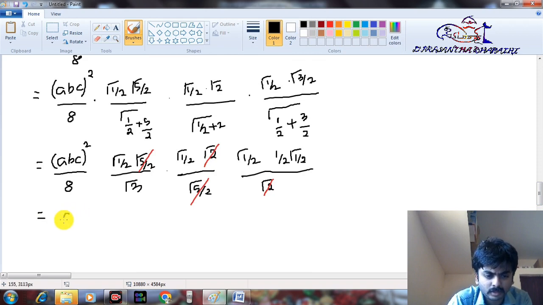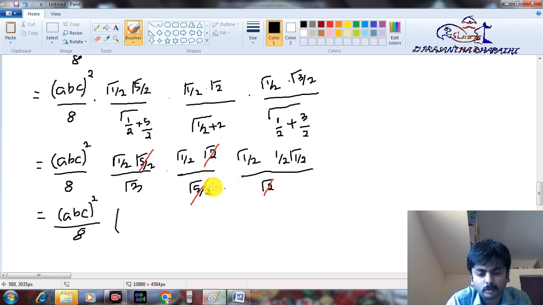(ABC)^2 divided by 8 into gamma 1 by 2 is root pi, four times, which means root pi power 4, divided by gamma 3, which is 2 factorial.